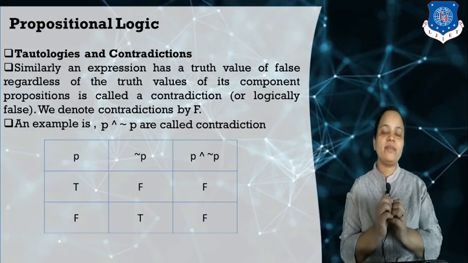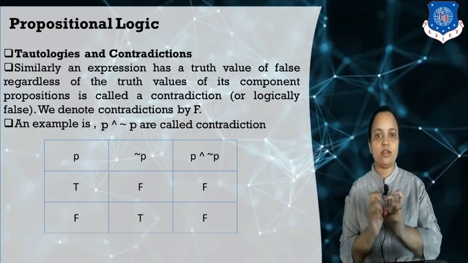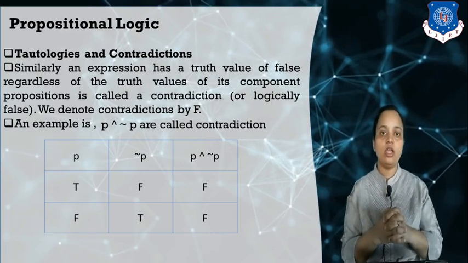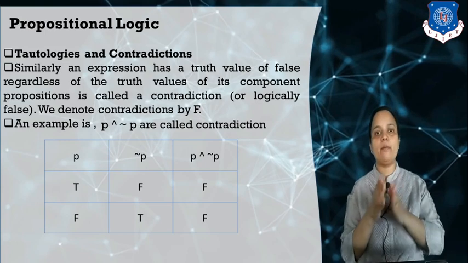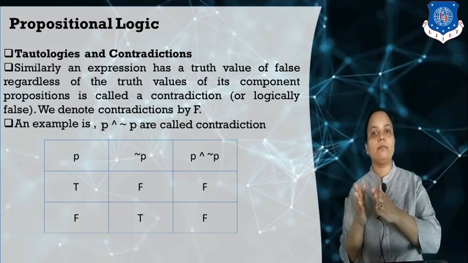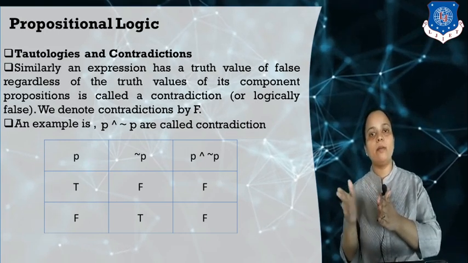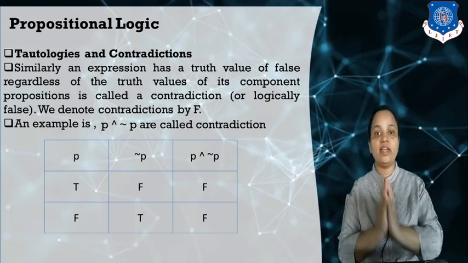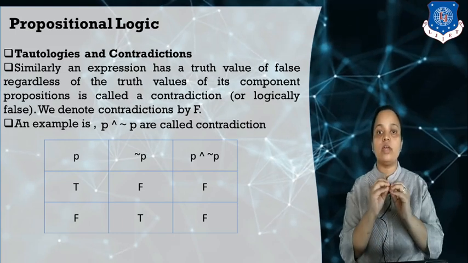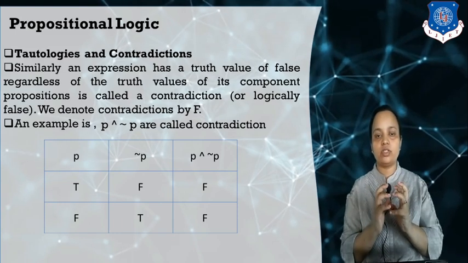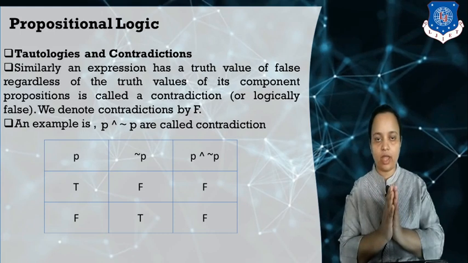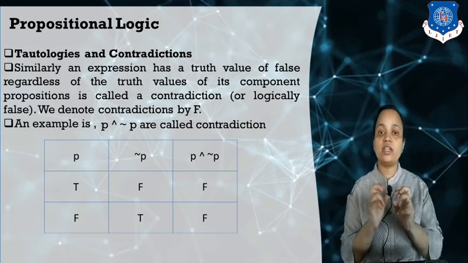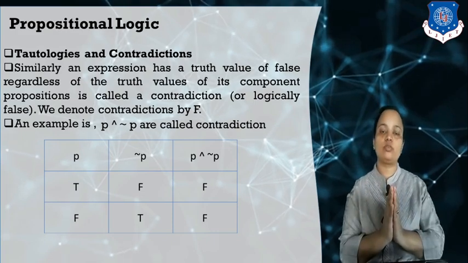A contradiction means every line of the proposition contains a false value. So we can say that such propositions are called contradictions. For example, P and complement of P. As we know, the AND operator is used when propositions are connected with the AND operation, so the statement is true when both statements are true, otherwise it is false.